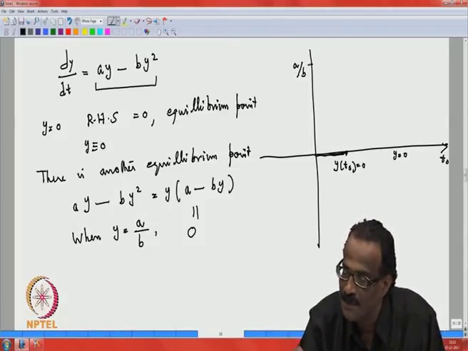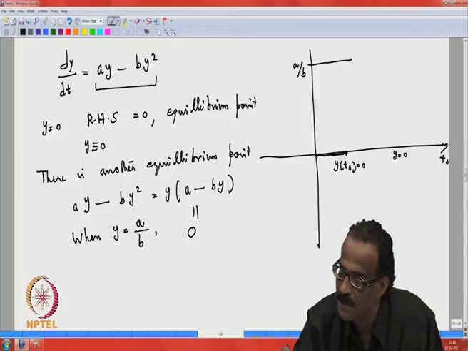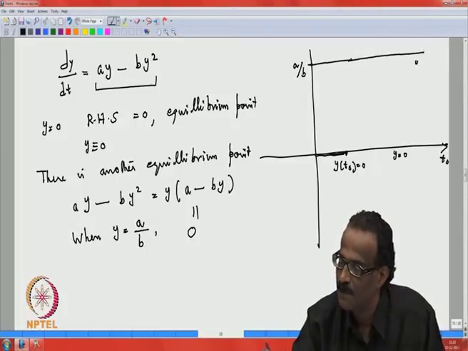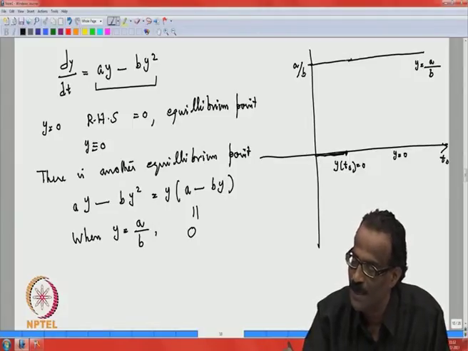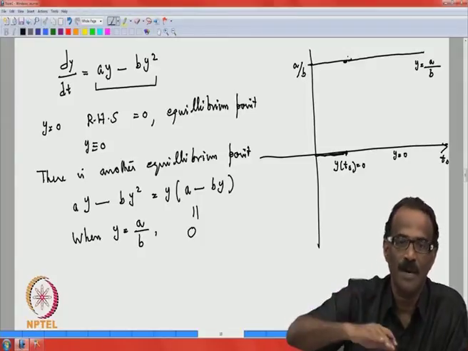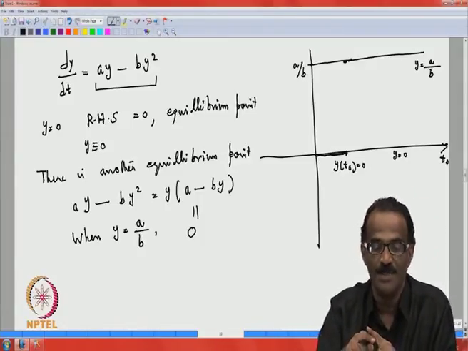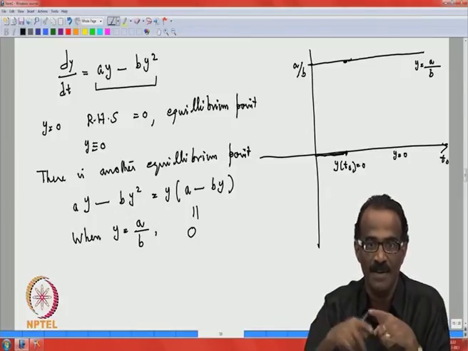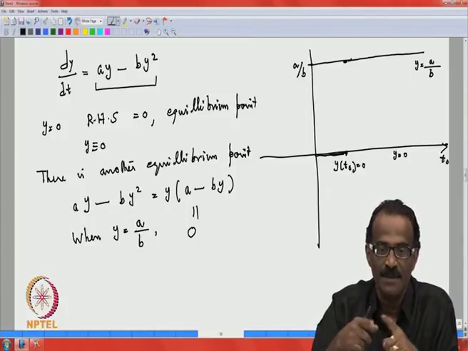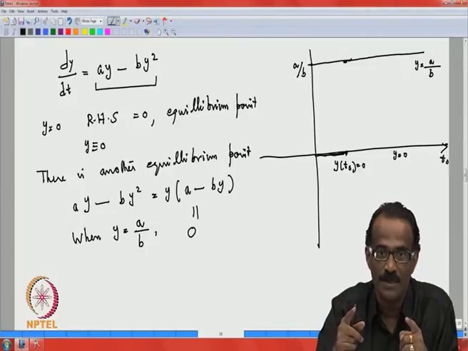The same thing when you have the curve y of t equal to a by b. This is also an equilibrium point. So at t naught, if your solution is there, the solution will remain there. And it is an interesting fact that two trajectories, all that you will be learning here, the two trajectories will not meet.